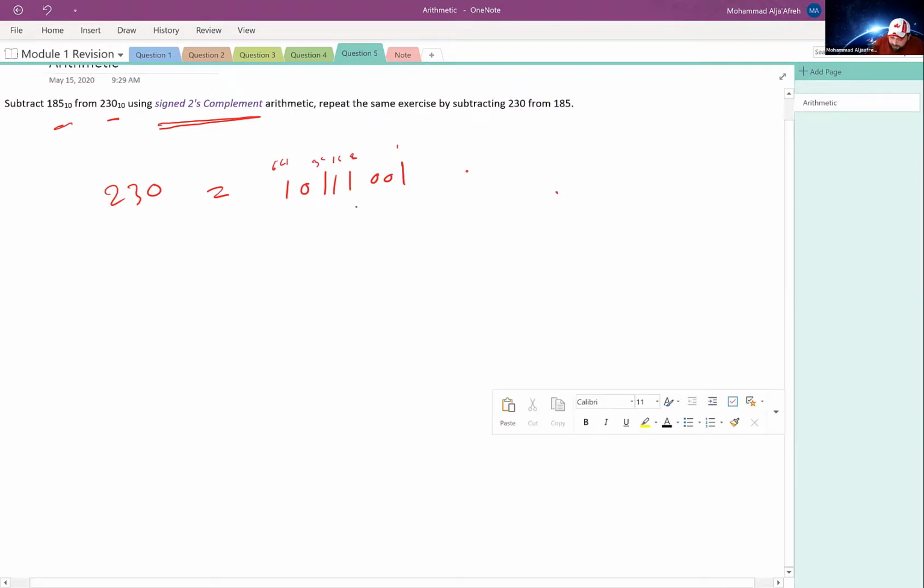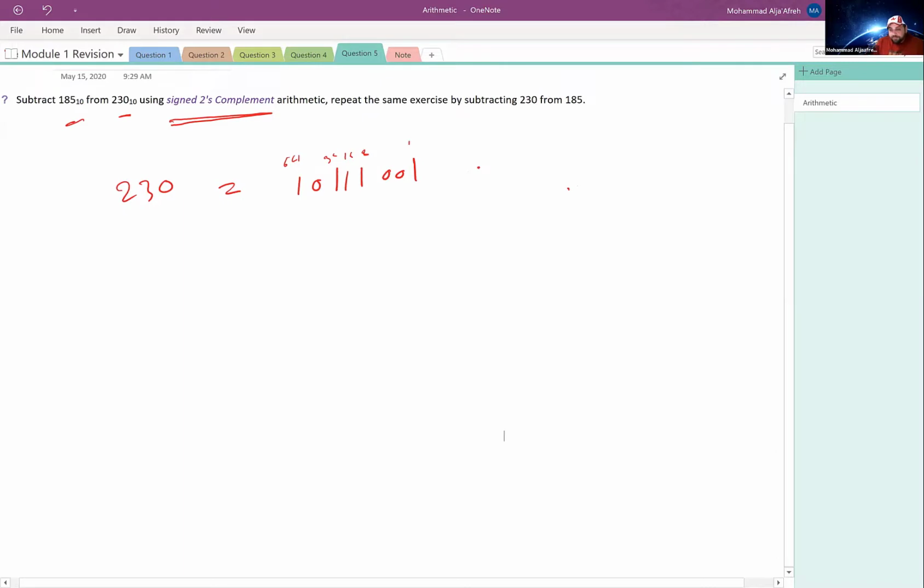So you add them together, they will give you 230. So the 230 requires 8 bits to be represented. And since I asked you to do it using sign, you should add an extra bit. So even if you want to subtract 1 from the 230, the other operand has to be represented using 9-bit representation. So we will not get any problem.